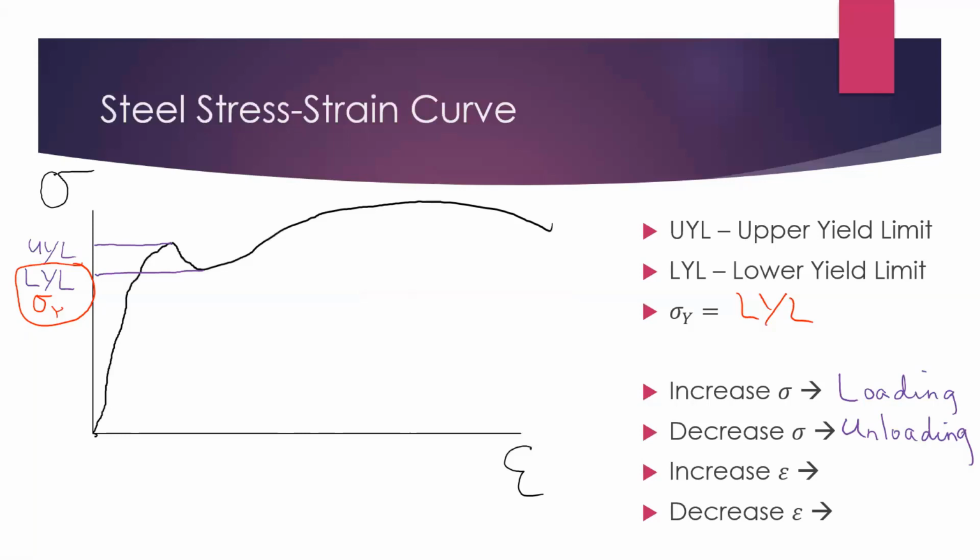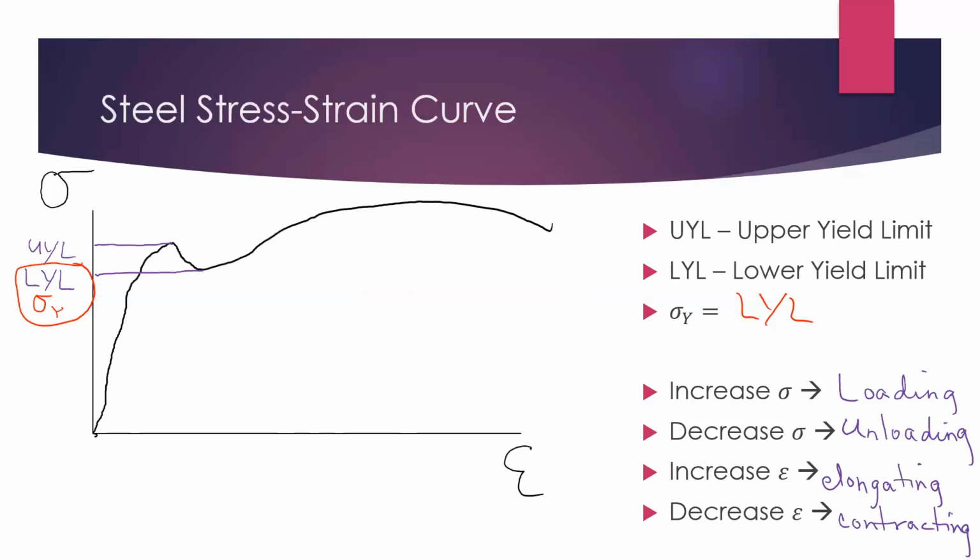An increase in strain indicates that our material is elongating, so as you move to the right on this diagram, your material is getting longer. If you ever saw your strain decreasing, that would indicate that you were contracting.